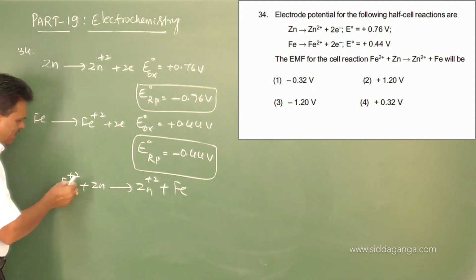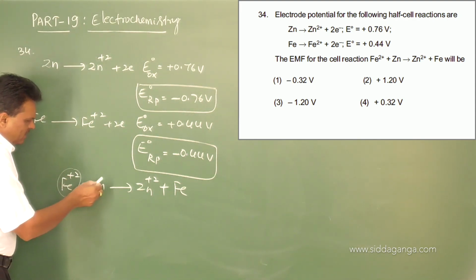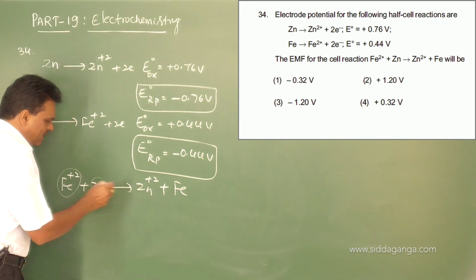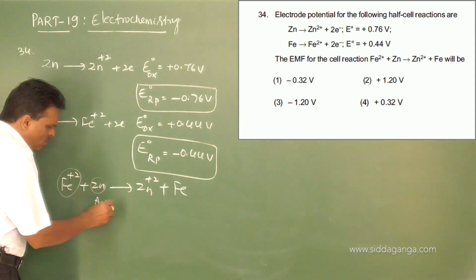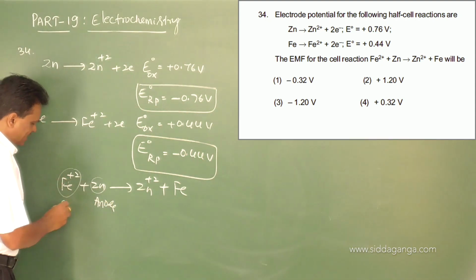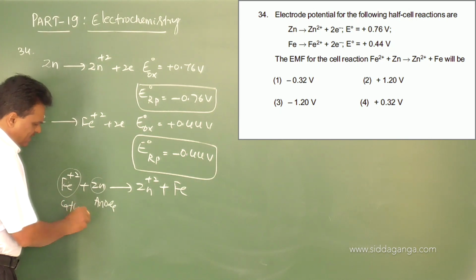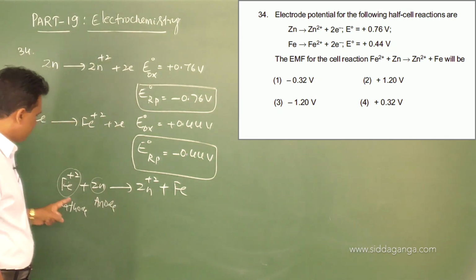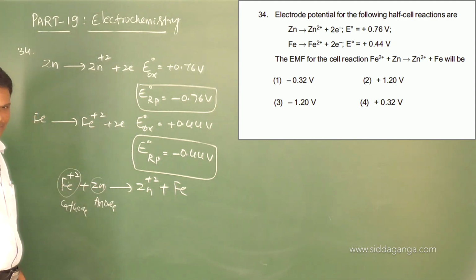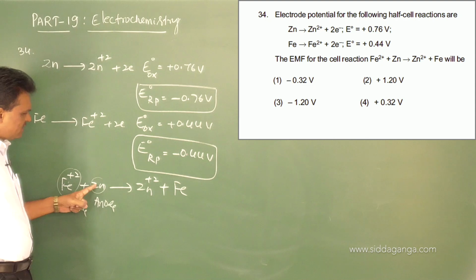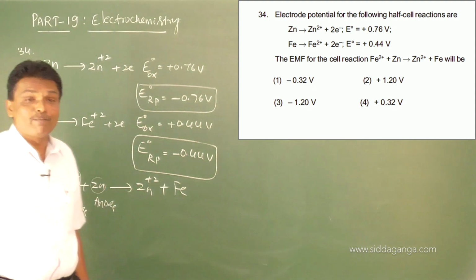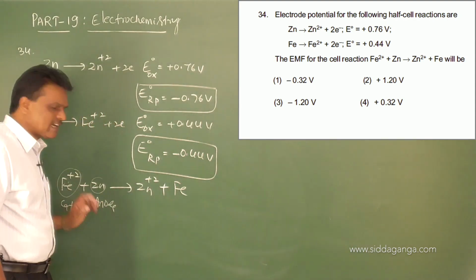So here Fe plus 2 is reduced, Zn is oxidized. So zinc acts as anode, and iron acts as cathode, because reduction takes place at iron and oxidation takes place at zinc. So when we look at it individually, zinc is oxidized, iron is reduced. This is the overall cell reaction.